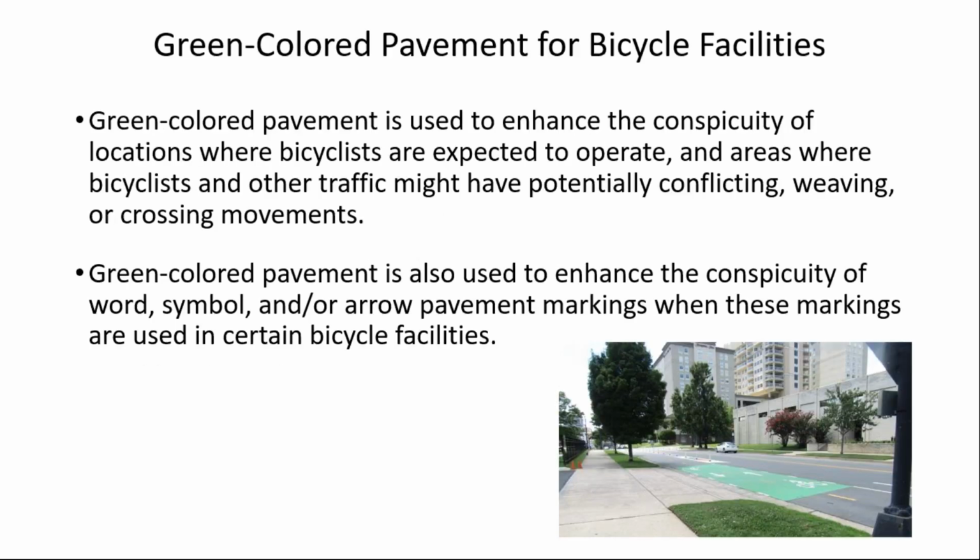At some point yesterday, I did mention use of green-colored pavement for bicycle facilities. So I wanted to start out by talking about that. Green-colored pavement is used to enhance the conspicuity of locations where bicyclists are expected to operate and areas where bicyclists and other traffic might have potentially conflicting, weaving, or crossing movements.